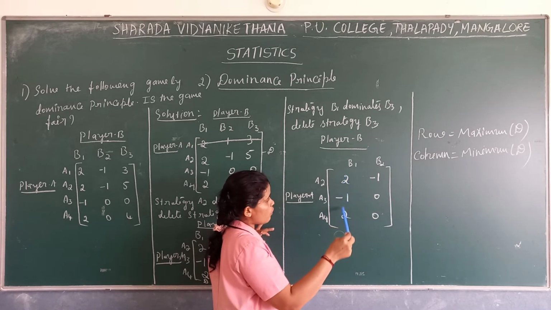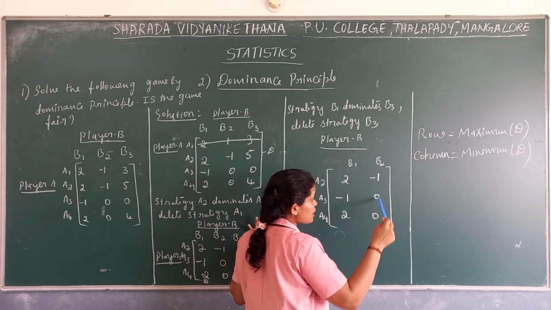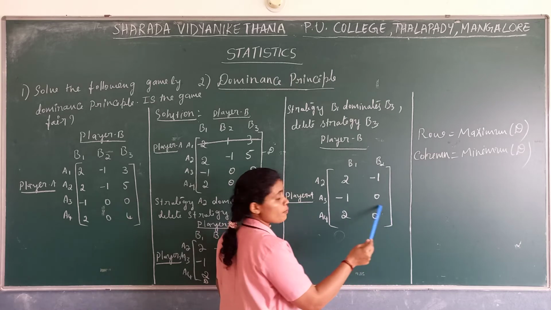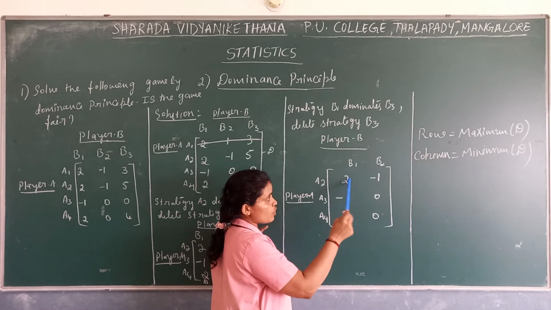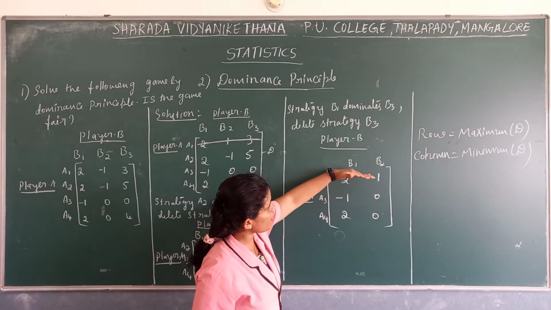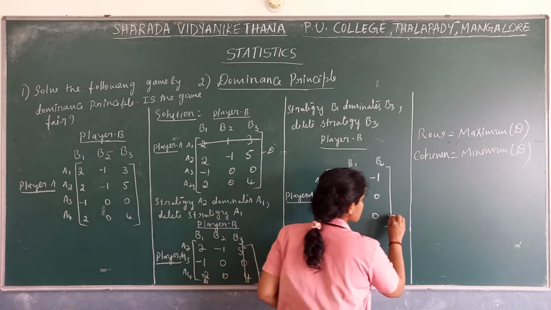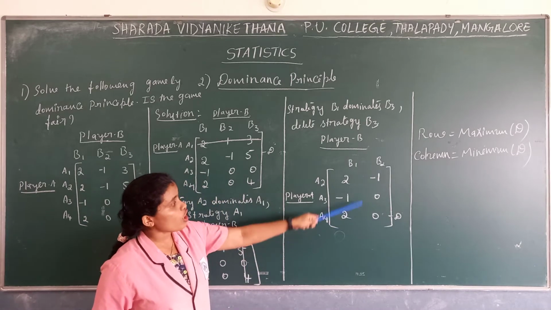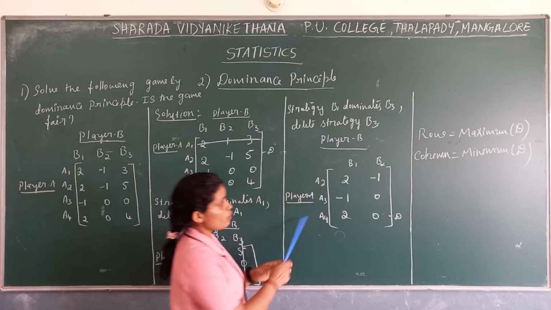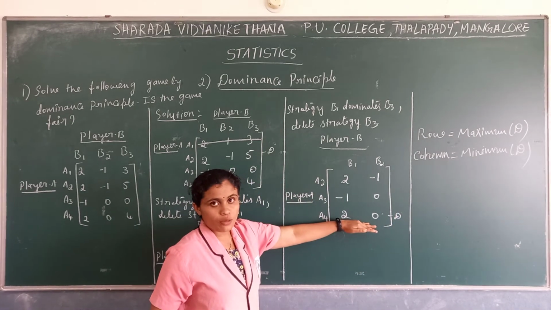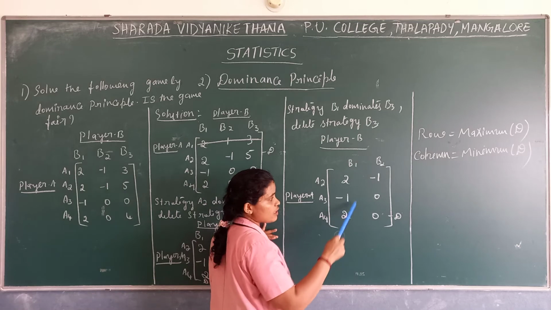Here it is equal, it's okay. And here this is greater. So we can take A4 as a dominating row. Equal, it's okay. Here one value is greater. So this is the greater row compared with A2. So this is the dominating row, and it dominates A2. Once we get a dominating row, we can compare it with the other one also.